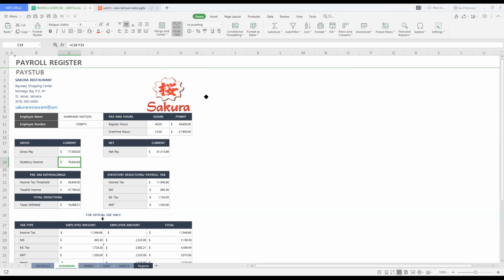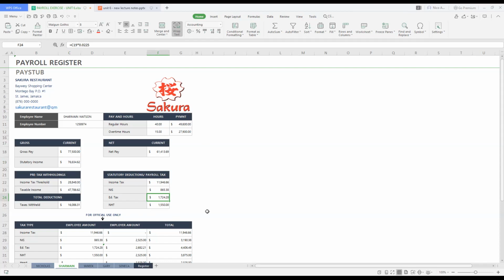And we are going to find the education tax, which is charged on the statutory income, and education tax is 2.25%. So it's 2.25% of $76,634.62. And that gives you $1,724.38.